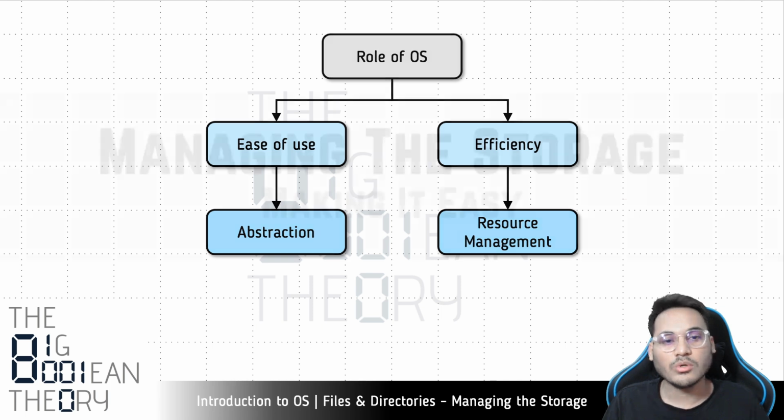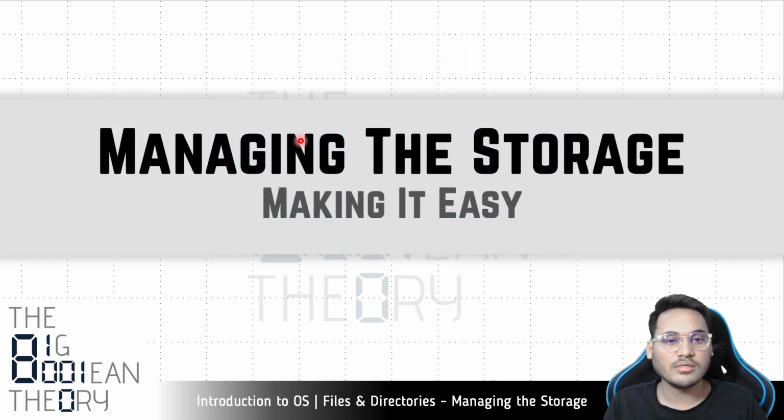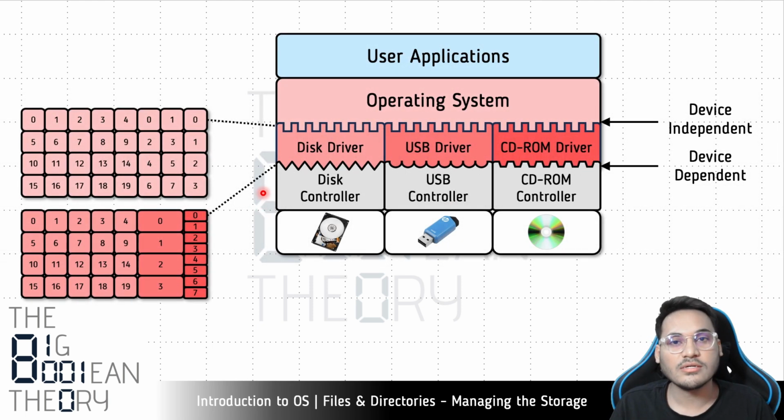So now let's talk about how the operating system manages the storage and makes it easy to use. We started our discussion at the device controller interface level, and we saw that the problem with this interface is that all of the devices have a unique interface, and that is why this block structure is different for all the devices. So there is non-uniformity at this level.